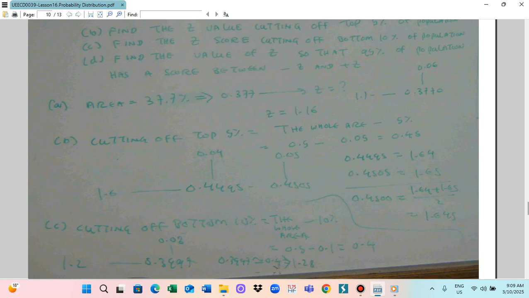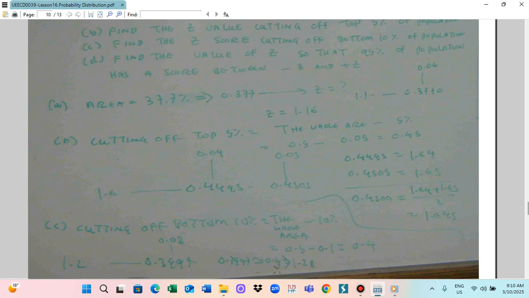Cutting off means the whole area minus 10%. So the whole area is 0.5, minus 10% which is 0.1. So this is 0.4, and you read 0.4 on the table.